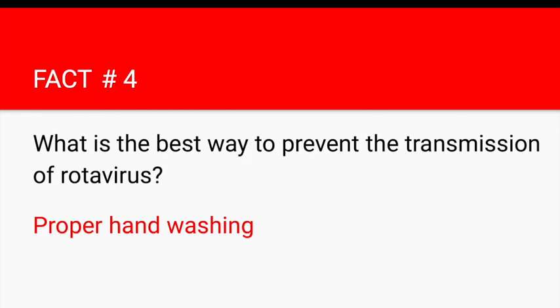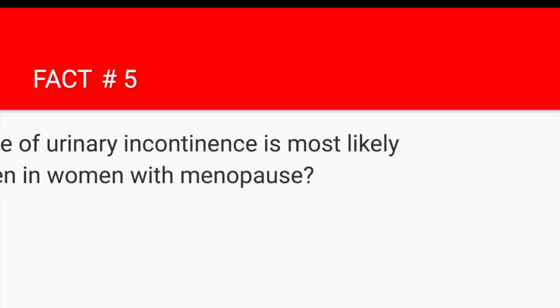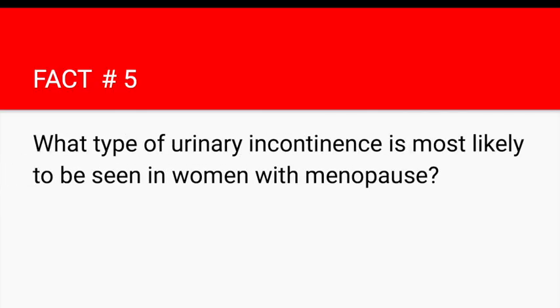What type of urinary incontinence is most likely to be seen in women with menopause? Stress incontinence. Estrogen is very important to maintain the tone and strength of the pelvic floor muscles.